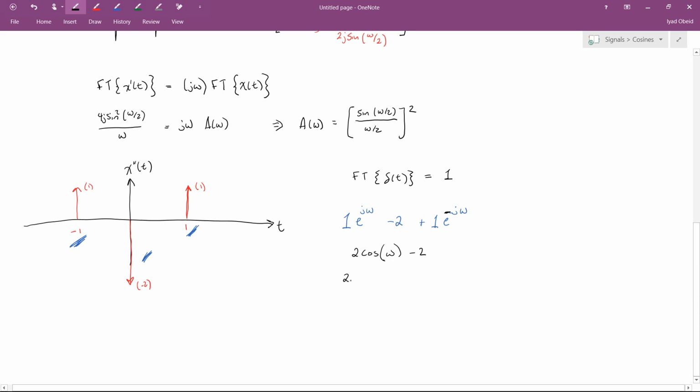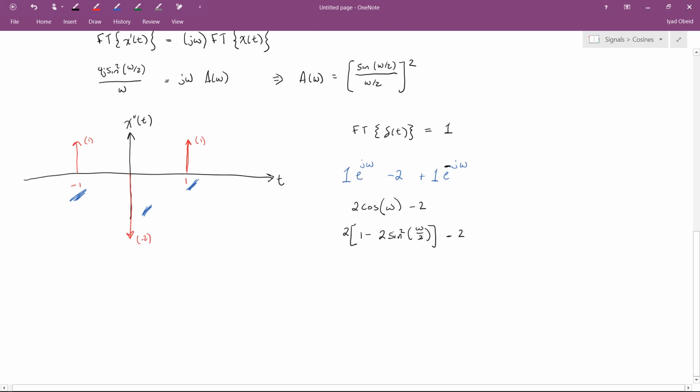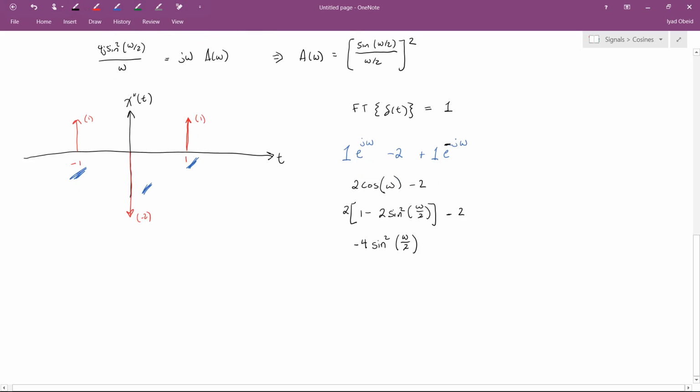I can rewrite this as 2 times 1 minus 2 sine squared of omega over 2, and then all of that minus 2. So that's my trig identity applied. And then that's going to clean it up a little bit and leave me with minus 4 sine squared of omega over 2. So that's the Fourier transform of the second derivative.